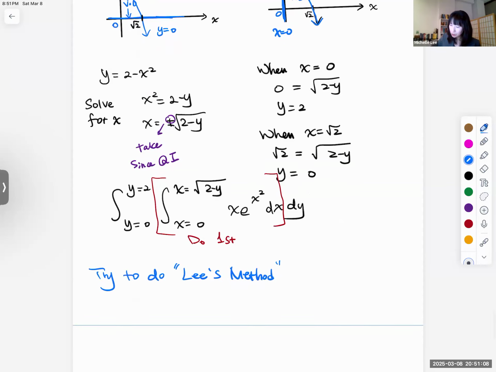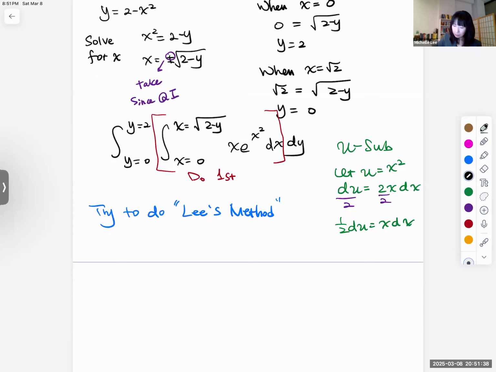Okay, so let's use substitution. What do you want to set up as u? x squared? Good job. What's the derivative? 2x dx. Okay, so we have x dx. We don't have a 2, so divide by 2 on both sides. So 1/2 du is x dx.